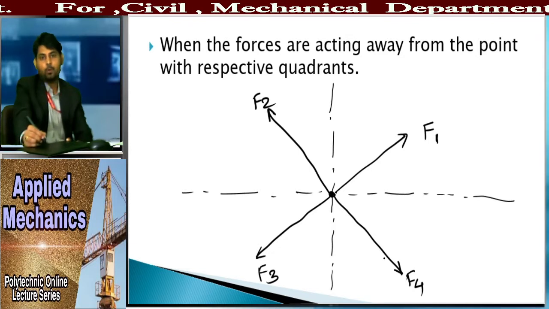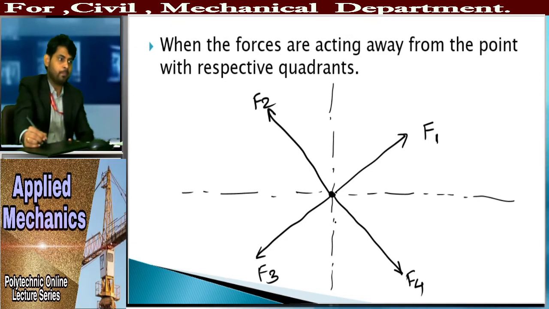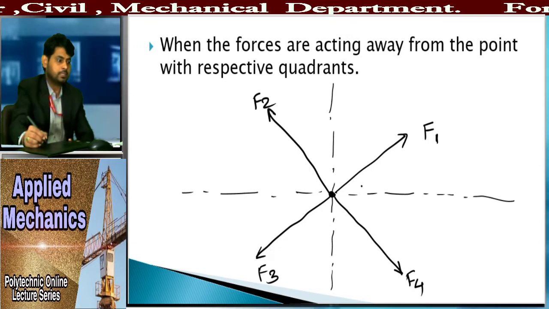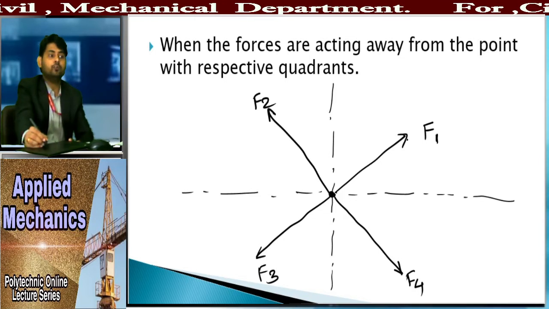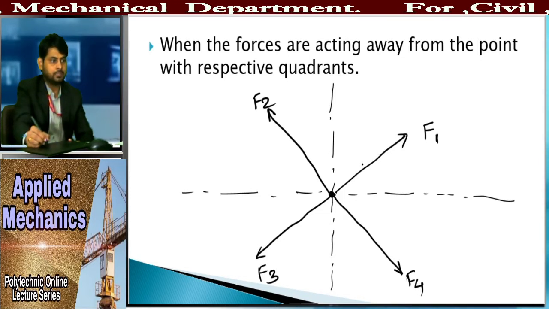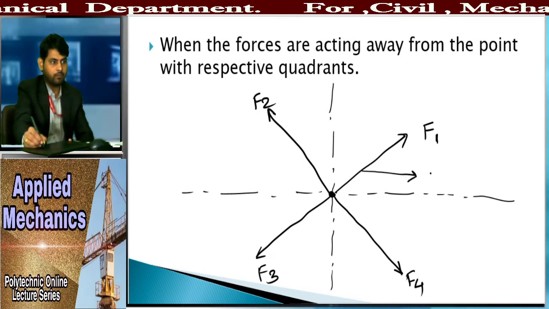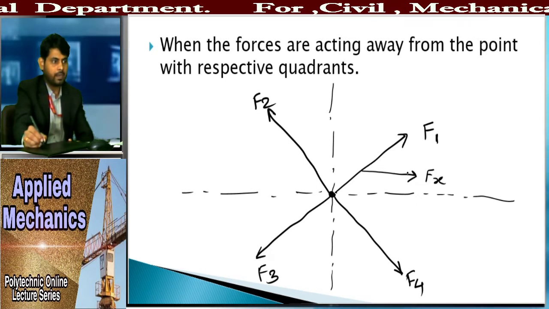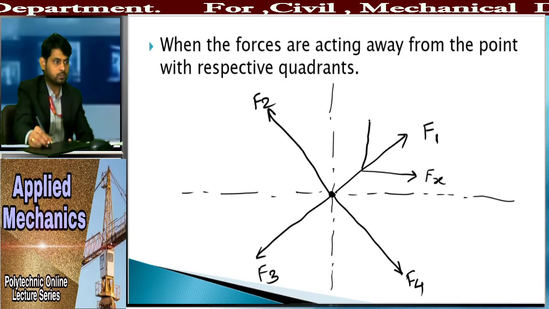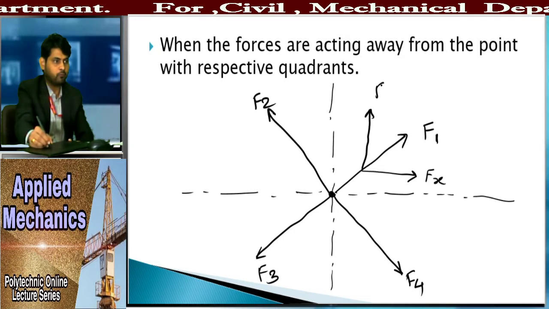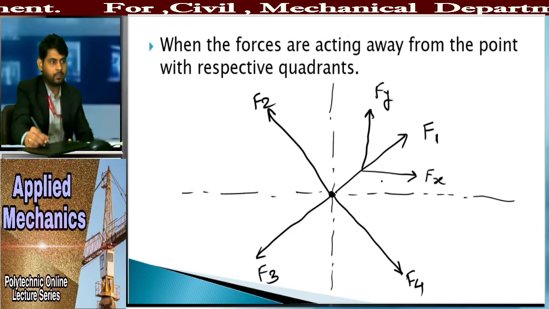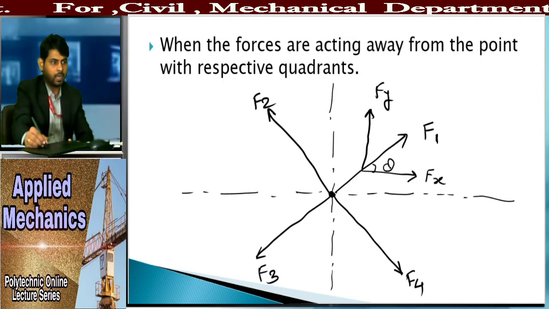from the point. Now see here, this F1 we can resolve like this. So this is the horizontal force, that is Fx, and this is the vertical force, Fy. Here the angle is theta 1 for force 1.